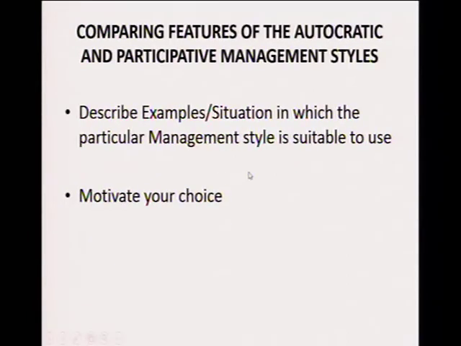And then the next question deals with features of an autocratic and participative management style. So here you need to provide an example of either or both autocratic and participative management style.